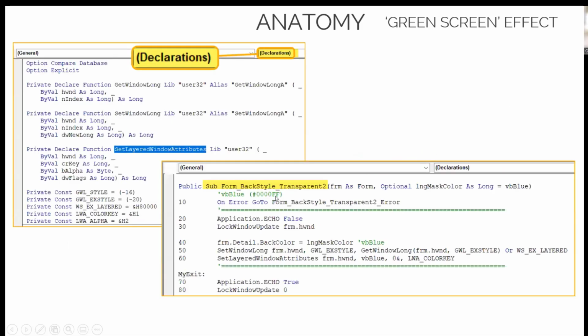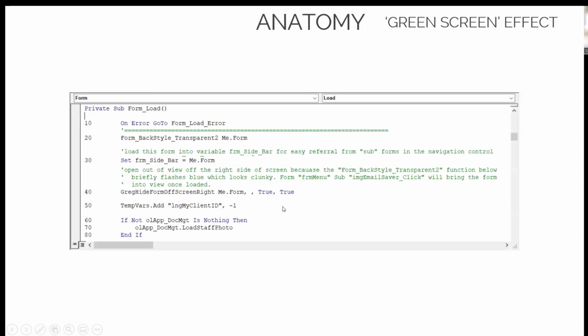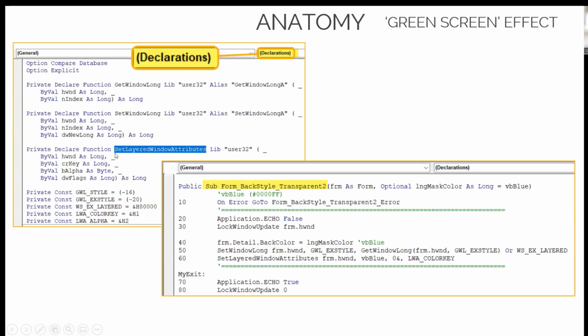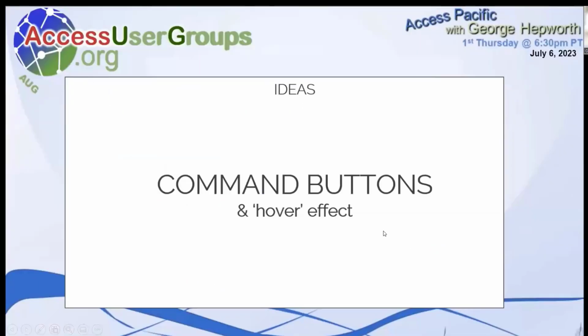When you open up the form, it's going to make the back of the form transparent. These are the declarations that you need, and the code is really these two lines at the bottom that make that blue disappear, so you can work as if it were not existing.